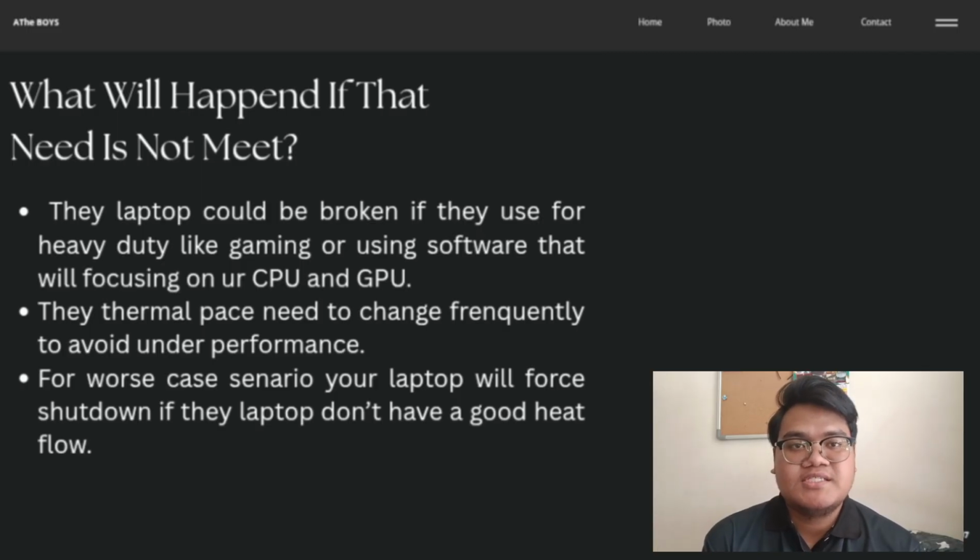Secondly, users may need to change thermal paste frequently to avoid performance loss. This increases maintenance costs and is inconvenient for normal users. In the worst case scenario, the laptop may force shutdown due to poor heat flow. This can cause data loss, interrupt work, and shorten the lifespan of the laptop.